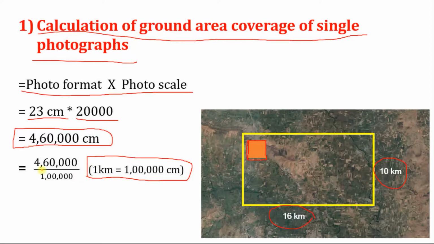So 4,60,000 divided by 1 lakh is equal to 4.6 kilometers. This means this photograph covers 4.6 kilometers by 4.6 kilometers of ground area, because the width of this photo format is 23 centimeters and the length is also the same.